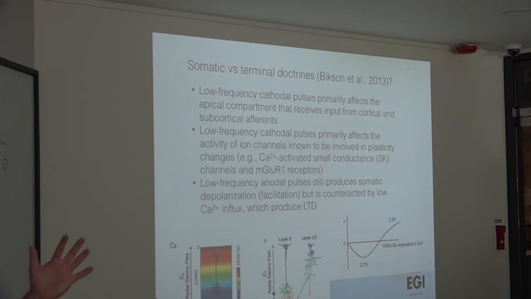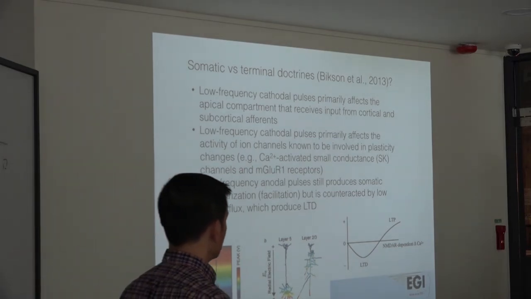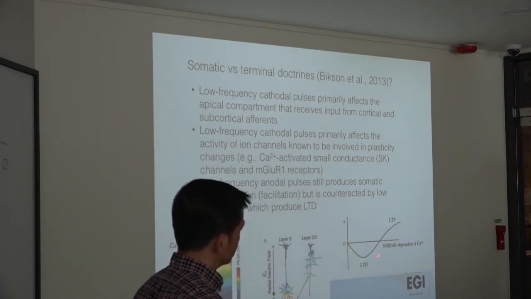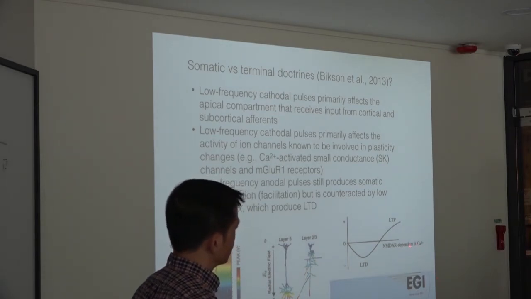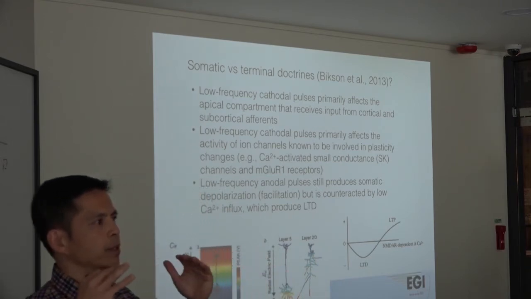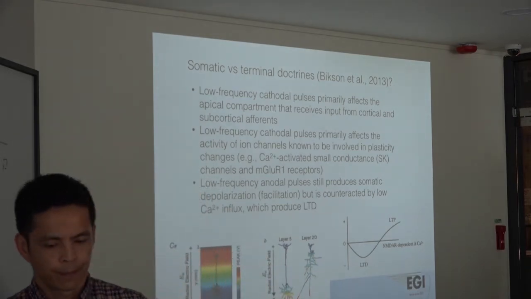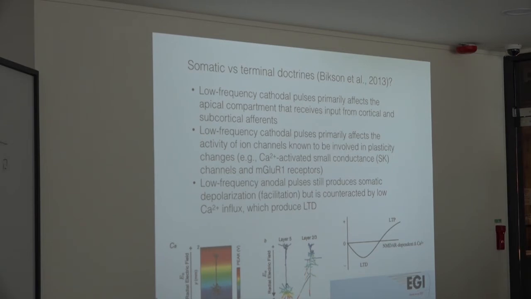It's the terminals that take all of the inputs from other areas, okay, and that eventually get summated at the cell body. We think it's the terminals that are really important, okay? Because really, again, back to this model, it's the terminals that have a lot of calcium receptors, okay? And so what you're changing is the calcium influx at the terminals where they're densest.